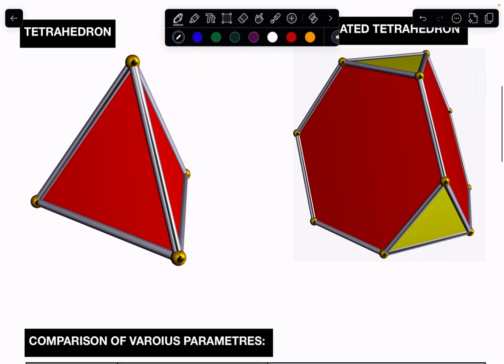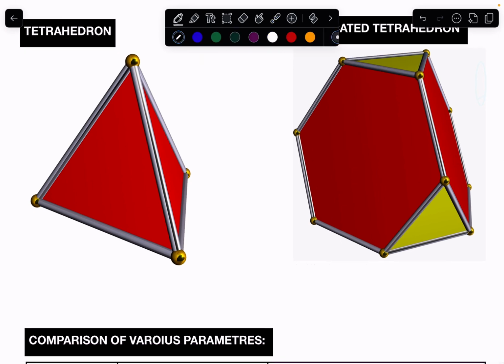Here the regular tetrahedron already has 6 edges, and due to truncation, at each corner of the regular tetrahedron one triangular face is produced, and each triangular face has 3 edges. So 4 such triangular faces are produced, each having 3 edges. Therefore, that is 4 into 3.